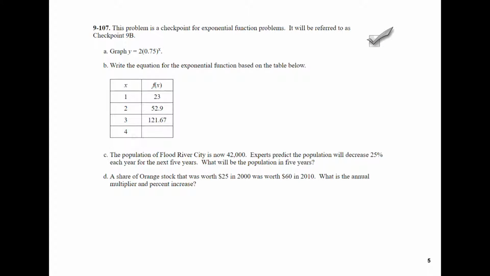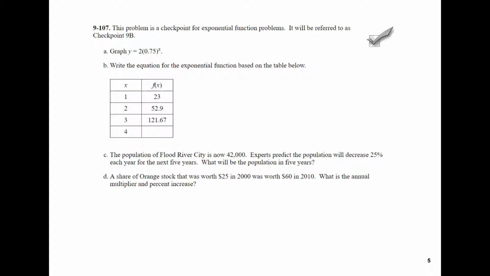9-107, this problem is a checkpoint for exponential function problems. It will be referred to as checkpoint 9B. The first thing that they'd like us to do is graph y equals 2 times 0.75 to the x power.